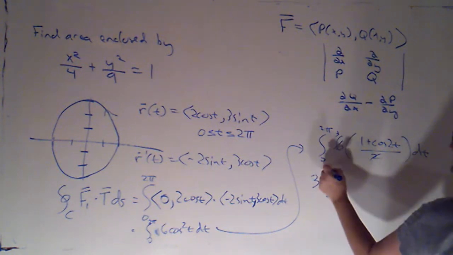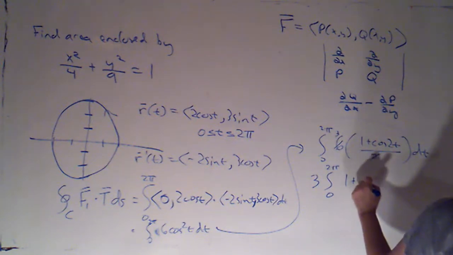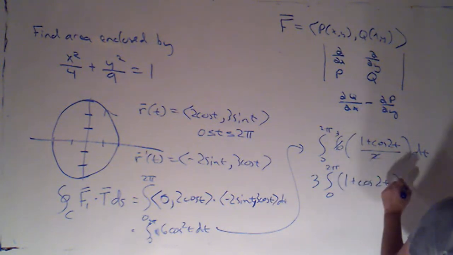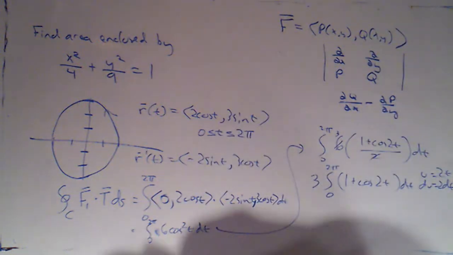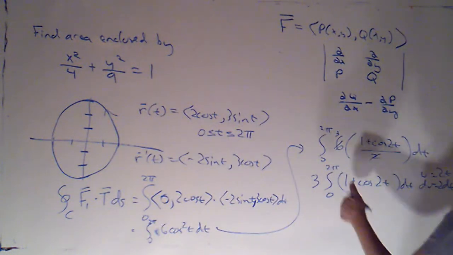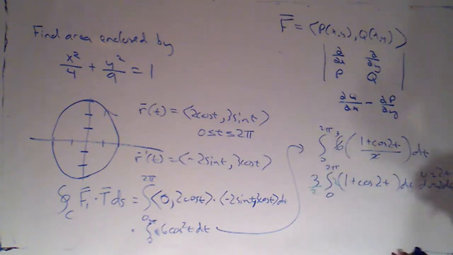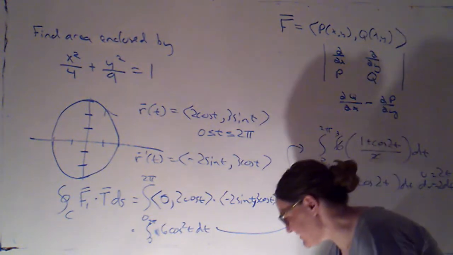So I've got 3 integral from 0 to 2 pi of 1 plus cosine 2t dt. And we'll do our quick u sub. u is 2t, du is 2 dt. I want a 2, so I'll counterbalance with a 1/2 on the outside.